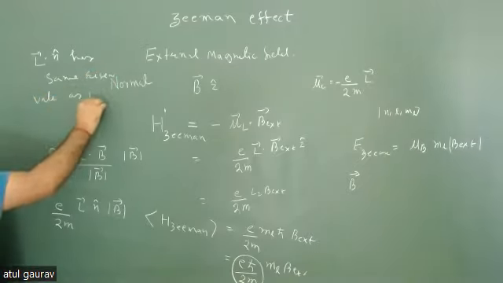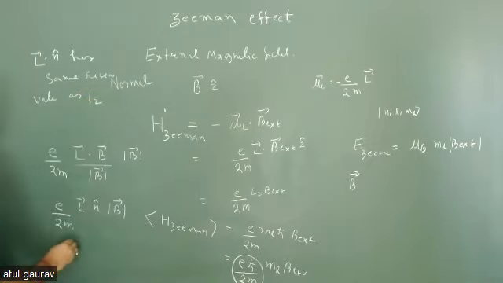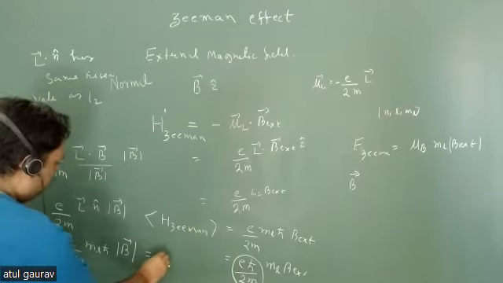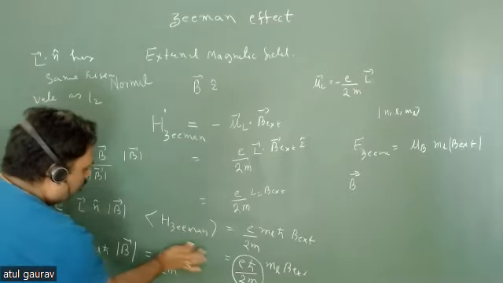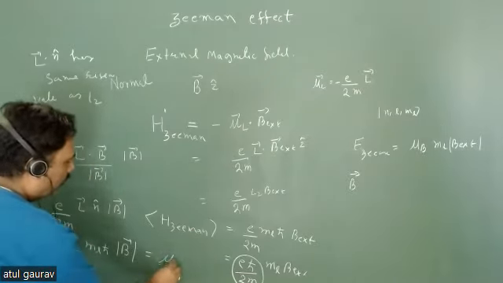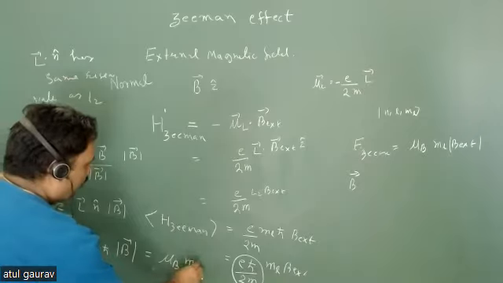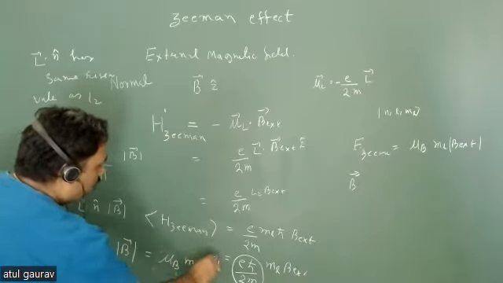We have done this in quantum mechanics, haven't we? So this value is e/2m times m_l ħ times the magnitude of B, and you can say this is eħ/2m, or Bohr magneton μ_B, times m_l times the magnitude of B.